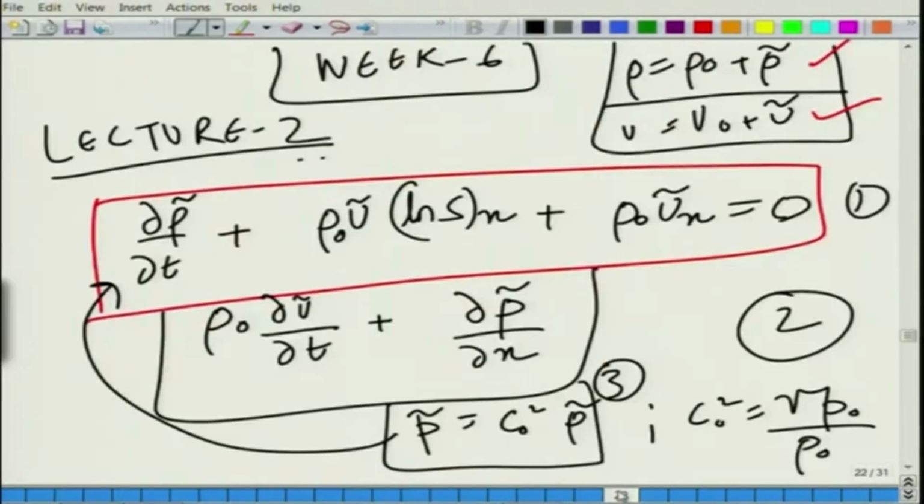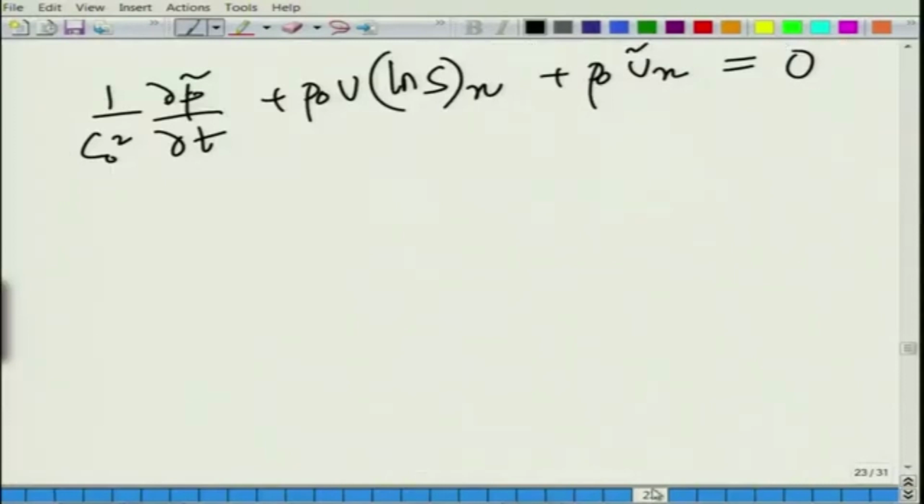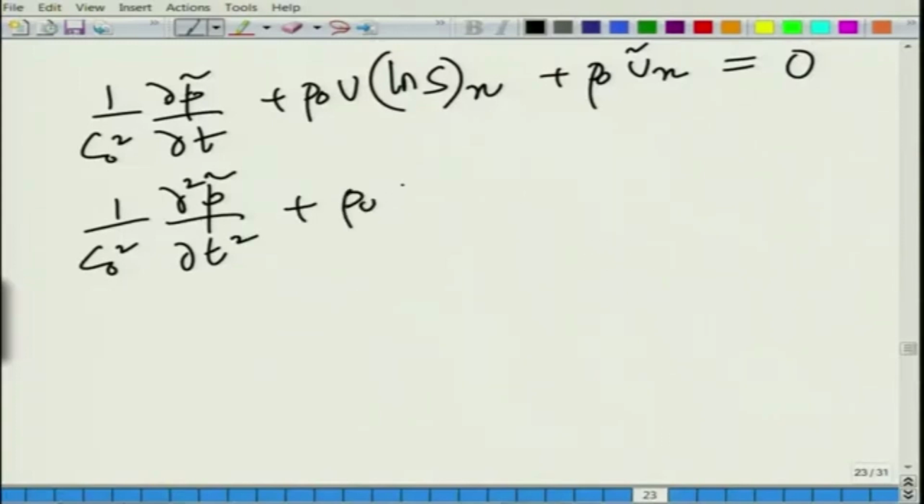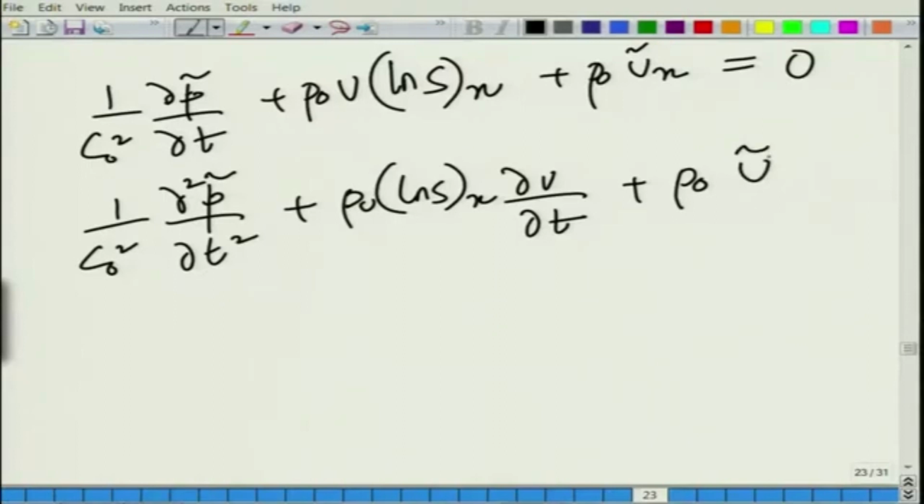We also have our other equation. So, as usual, we differentiate equation 2 with respect to x, and differentiate this equation with respect to time t. So, what do we get? Remember, this cannot be a function of time, so it is just this part, and rho naught times u tilde x comma t.